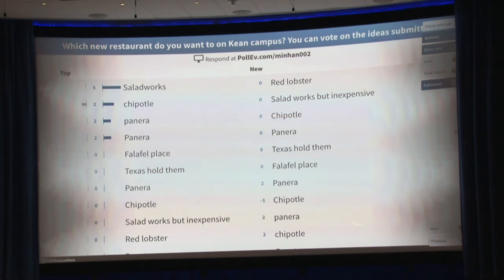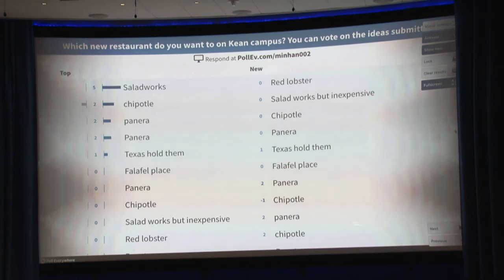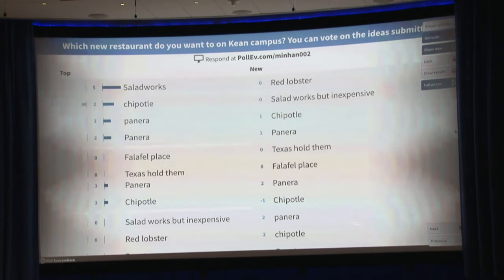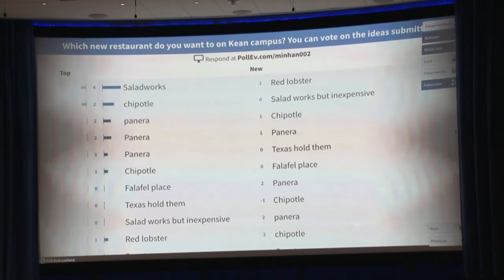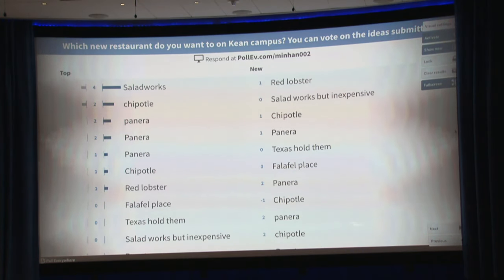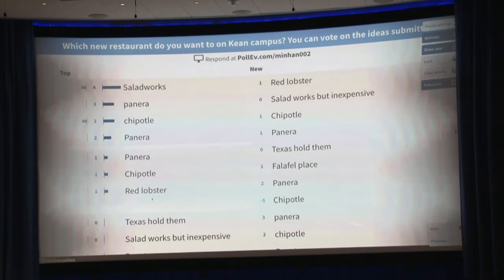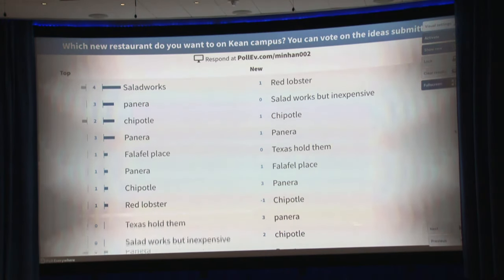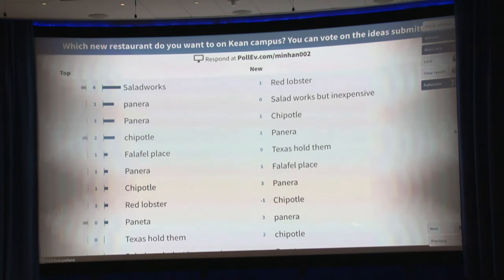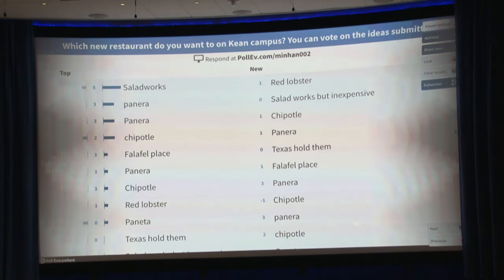So instead of getting everyone's answer, if you find the answer you wanted to have, then you just vote for the answer that was already given there. That way you can see what are popular restaurants that we want to have on our campus.